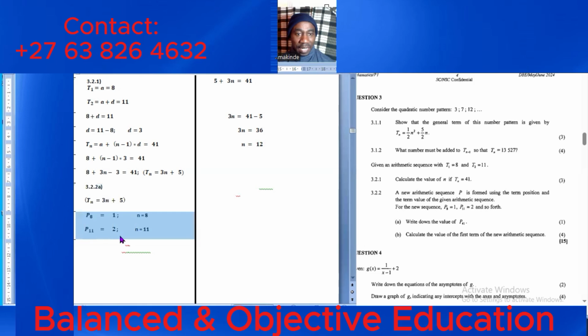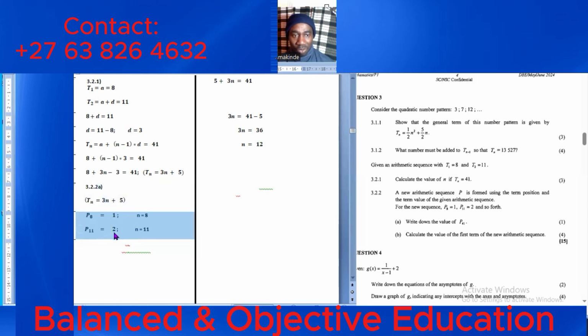So like I said earlier, for sequence P, the value in sequence P represents the position in the original sequence, which is T. If you substitute 1 into this n, for example, you get 8.